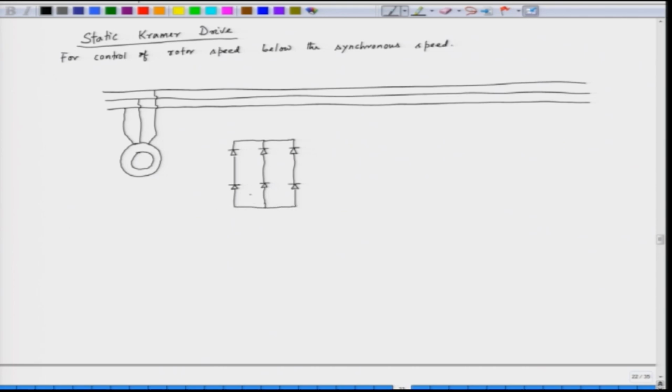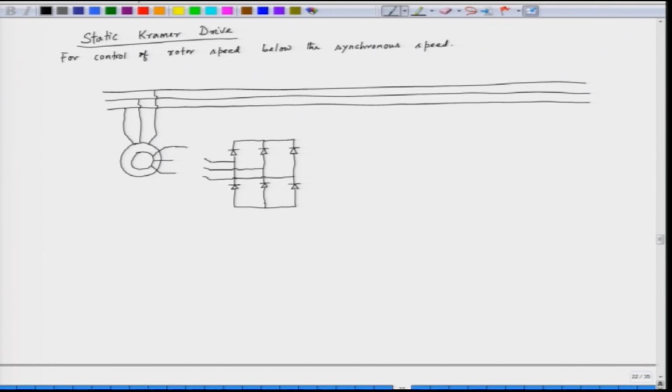So, we have the rotor phases. This is one phase, this is the second phase, and this is the third phase.